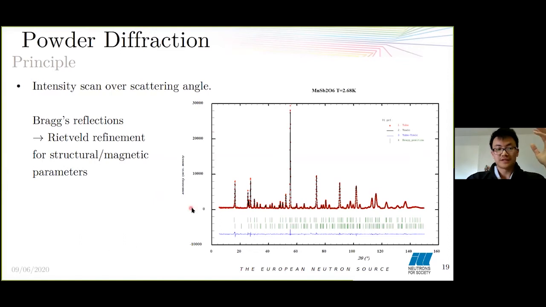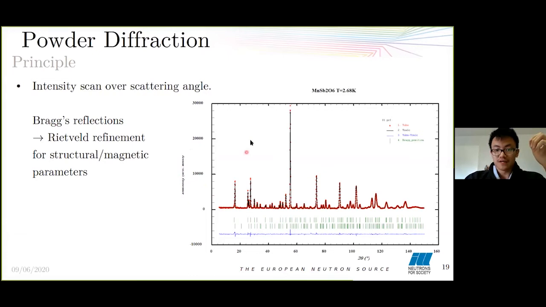So basically in neutron powder diffraction, we are scanning the intensity over the scattering angle, and we obtain a diffraction pattern, and we can refine the positions, intensity, and shape of the Bragg reflections with the Rietveld refinement to extract some structural and magnetic parameters of our sample.